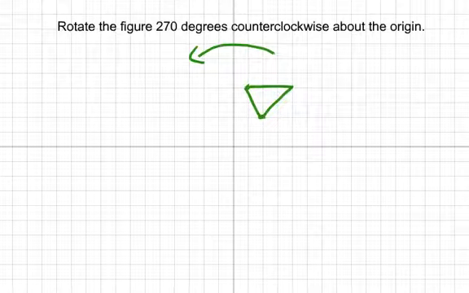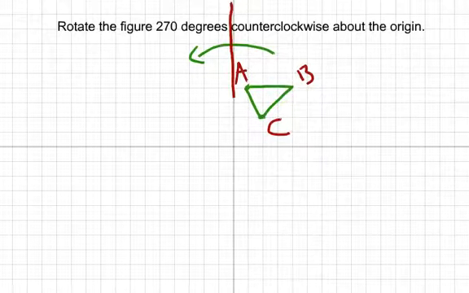So if we are going to do point by point, if we actually name this A, B, and C, let's look at A first. So A right now is 1 away from this axis line. So if we went 90-degree turn down to the next one, it is 1, 2, 3, 4 up, but it's going to be on this line 4 up. So now A is going to be here.